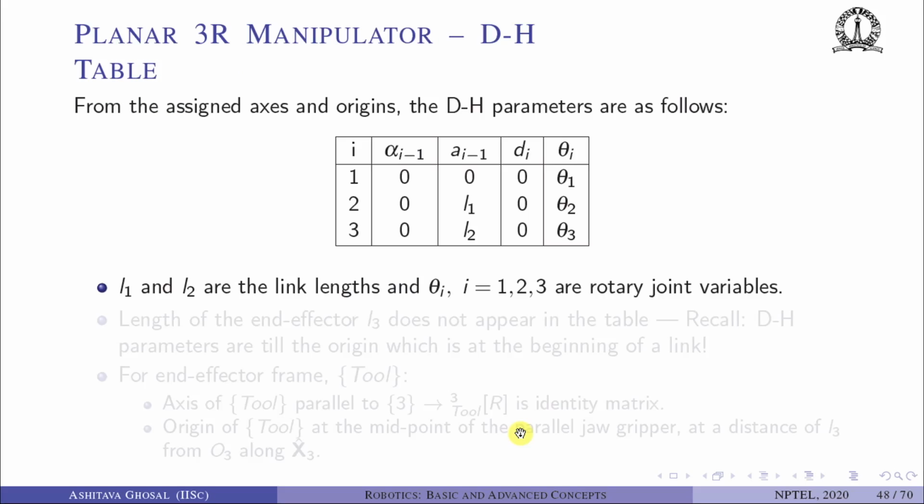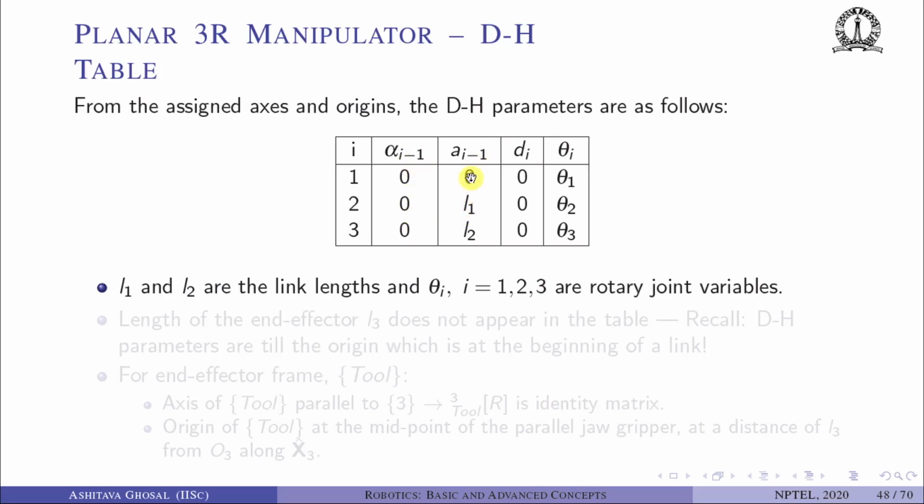For the first link, i equals 1, alpha_{i-1}, a_{i-1}, and d_i are 0. This is part of the convention. For the first link and the last link, we have a special way of assigning the 4 DH parameters. Only the joint variable theta 1 is shown here. For i equals 2, which is the second link, alpha_{i-1} is 0. Why? Because all the joint axes are parallel, and hence all the alpha_{i-1} are 0.